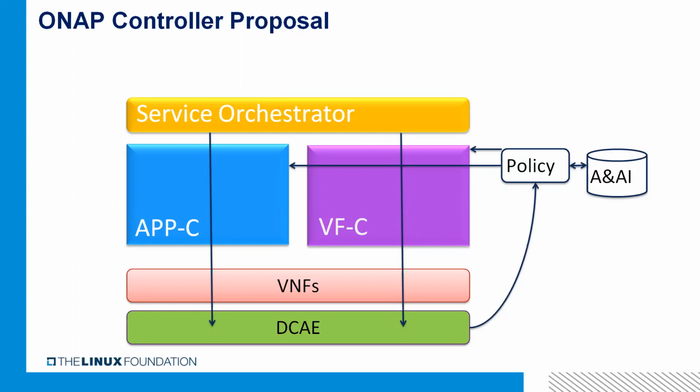Every time you do a contribution to a controller function, you need to do two contributions, because it's two different code bases that's merged. So from an ONAP perspective, it's much more consistent to integrate those functions into one mechanism.